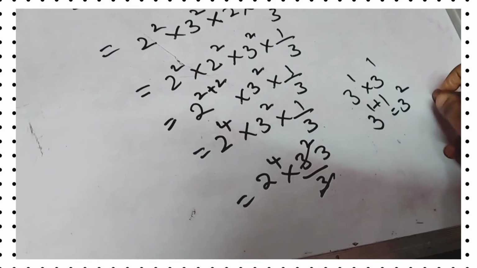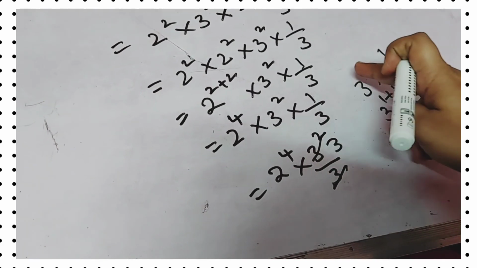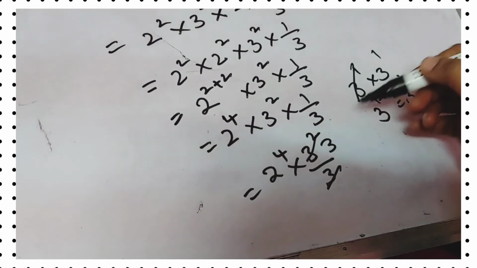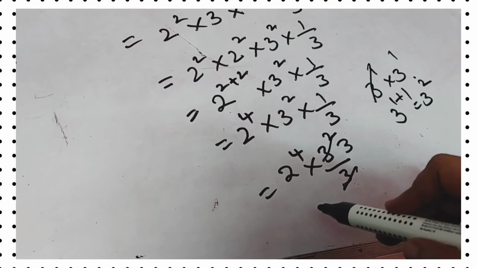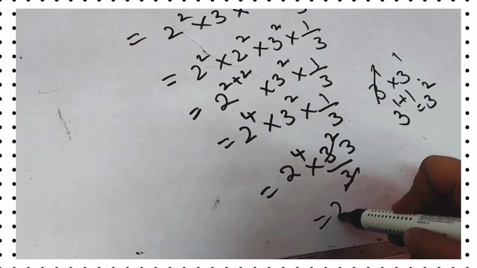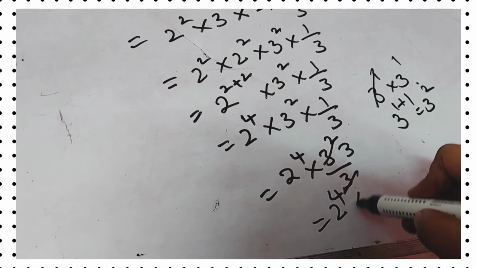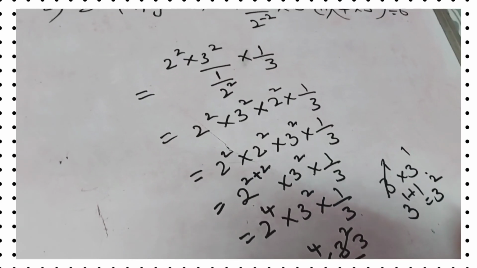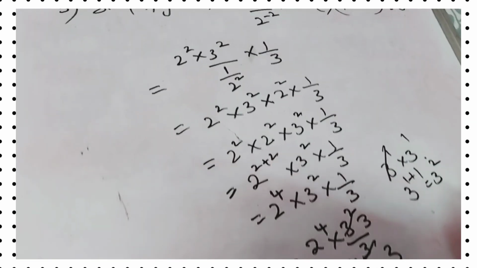It is 3^2. So 1 we are taking here. So 1 is left here. Okay. So like this, the answer is here 2^4 into 3. So this is the answer. So this is how you have to do this sum.